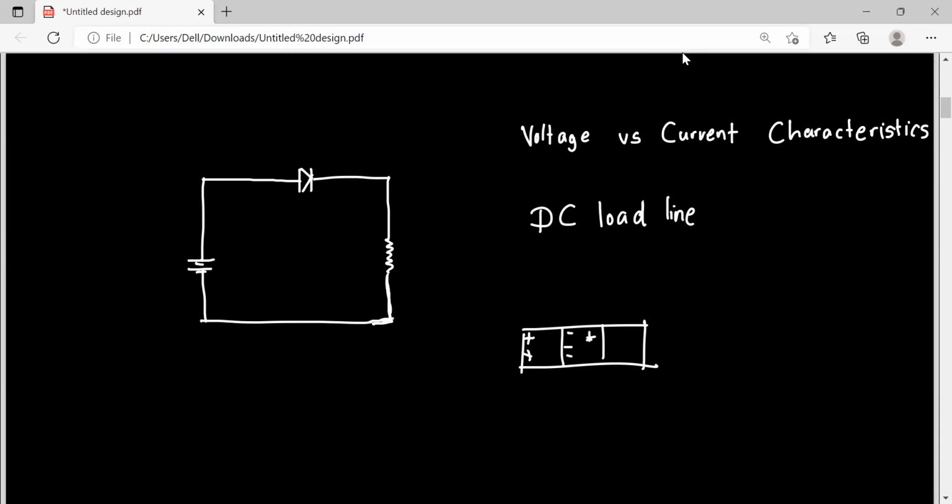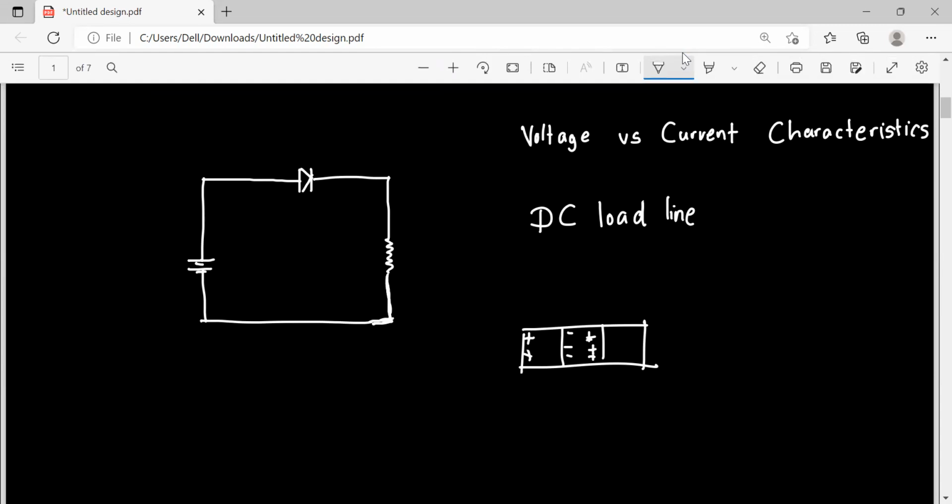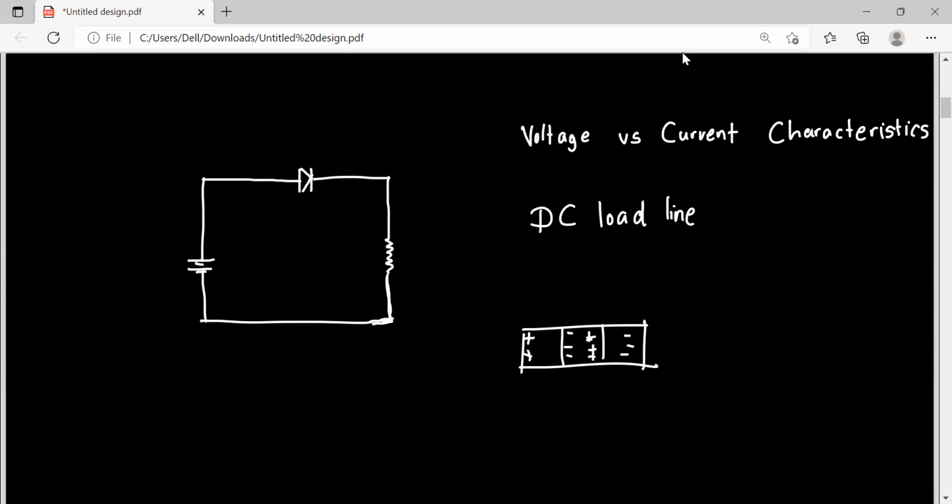There is a negative and a positive charge, and the n-type semiconductor has atoms with 5 valence electrons. We have connected the forward bias, which means we give the positive voltage to the positive side of the diode and the negative voltage to the negative side.